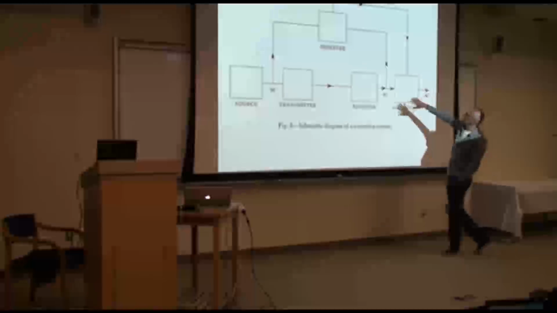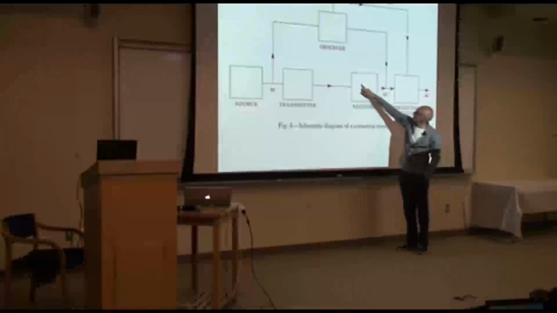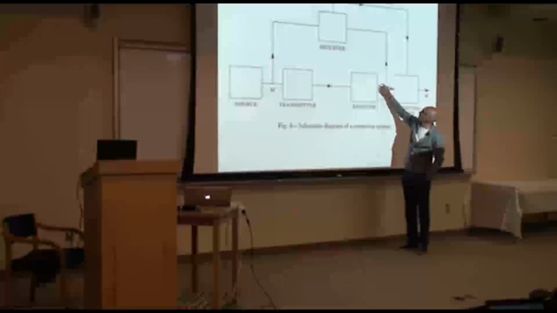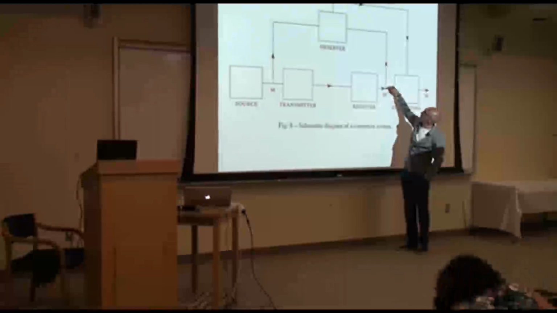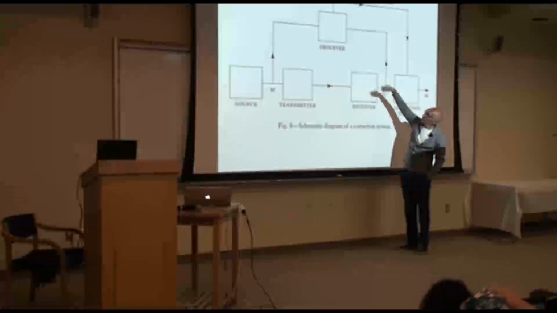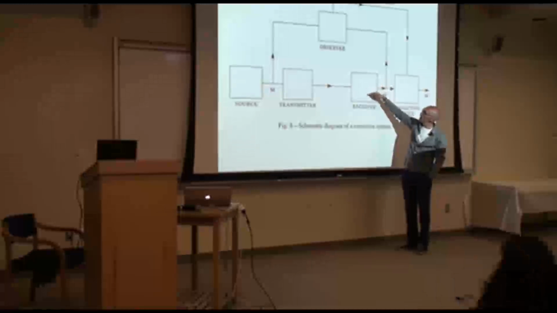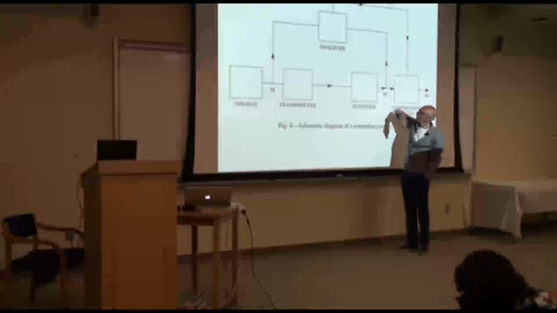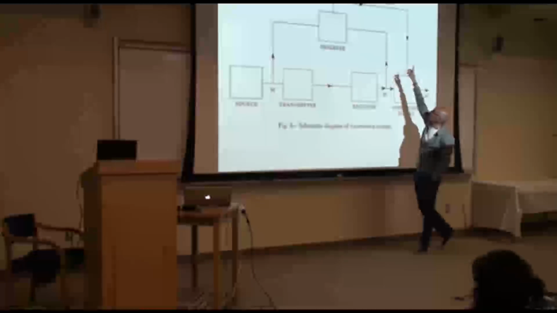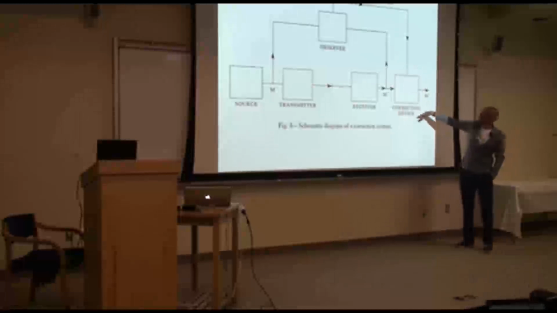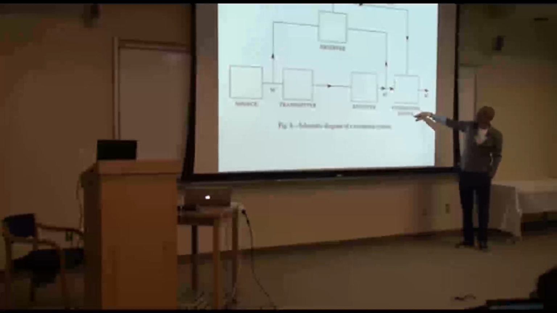So in fact, it would have been better to call this the channel rather than the receiver. Okay? So the observer looks at the output of the channel, and then sees, for example, just think of a binary symmetric channel. So the observer could see where the binary symmetric channel has made the mistakes, has introduced the errors, and then he would tell the correcting device where those errors happen.